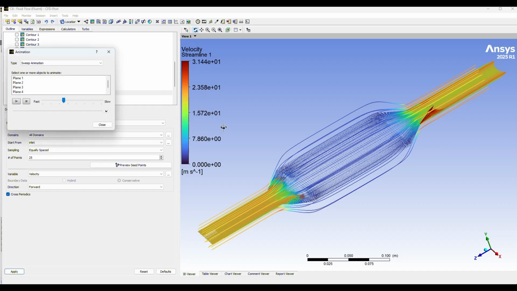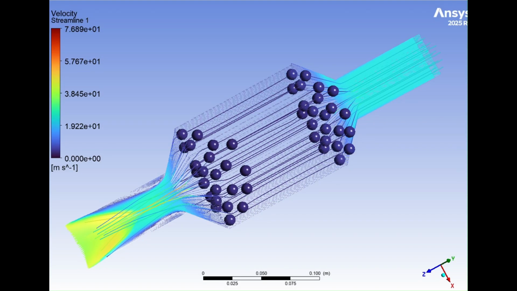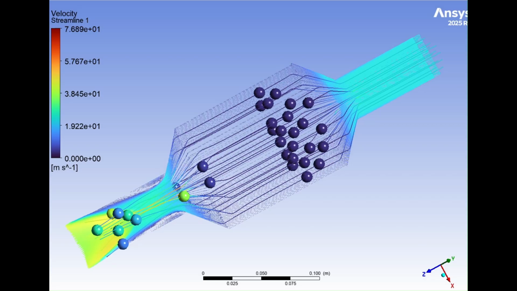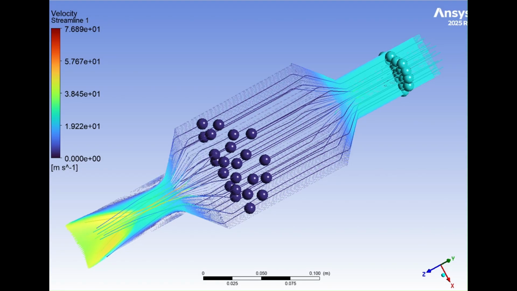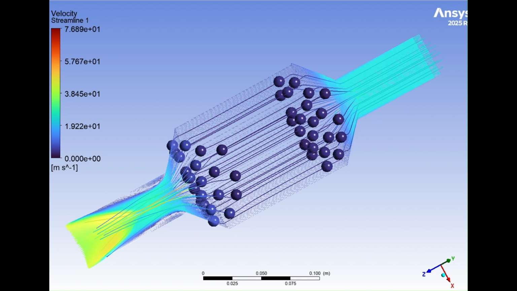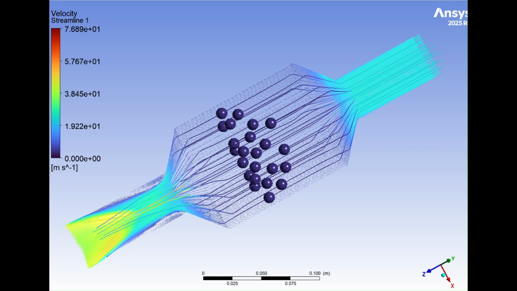Unmark the velocity vectors, 100 points. Now select the streamline and then play. Select the slowness, play. So now you can see the heat flux movement from inlet to the outlet and the required streamline diagram. So this is the velocity streamline flow of the heat flux.